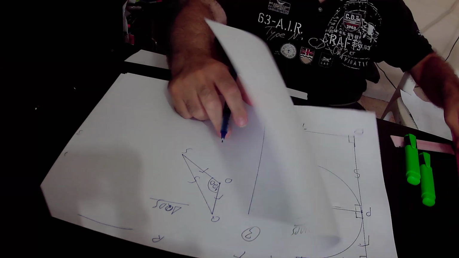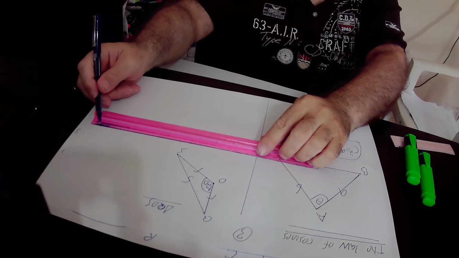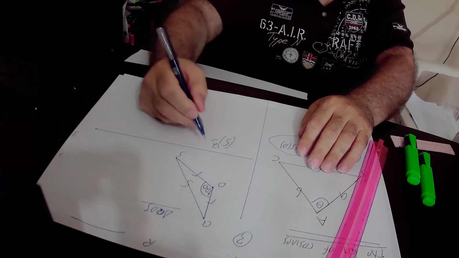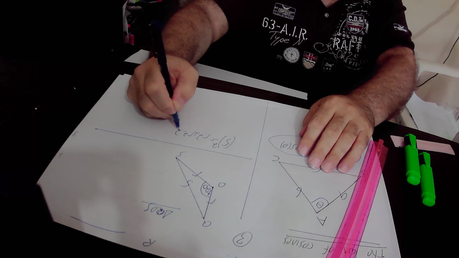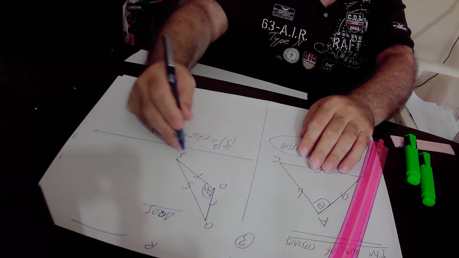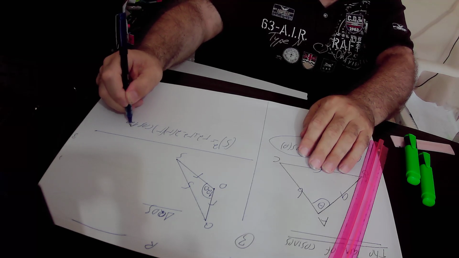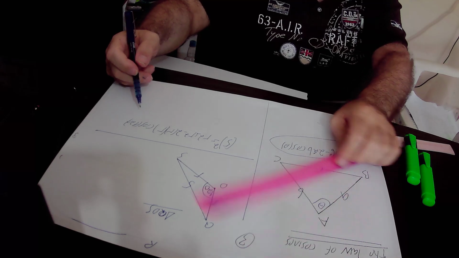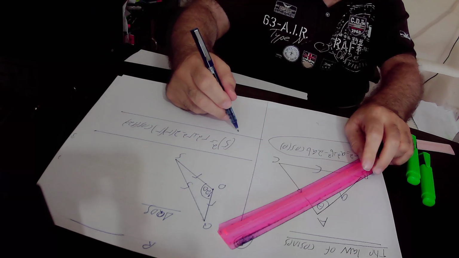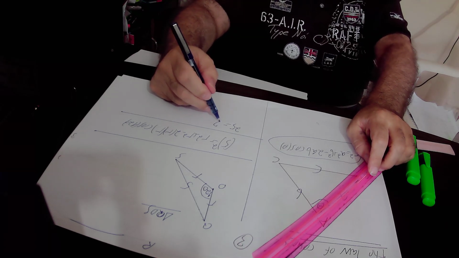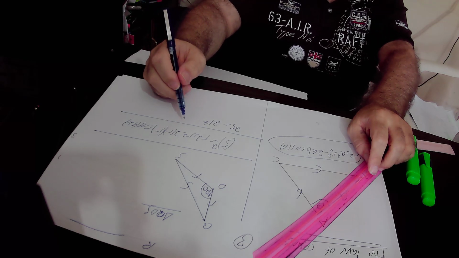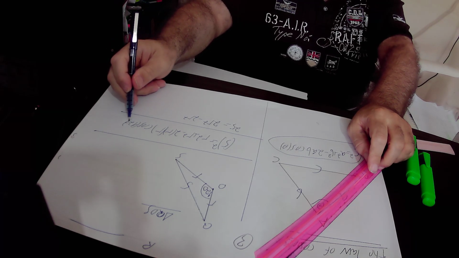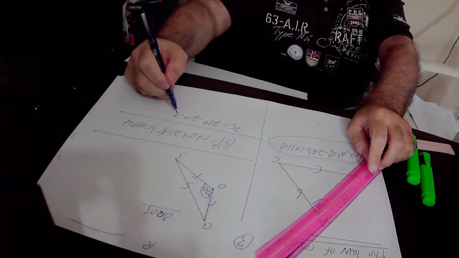So according to the law of cosines, we get that 5 squared equals R squared plus R squared minus 2 times R times R times cosine 120 degrees. 5 squared is 25, that is equal to R squared plus R squared is 2R squared, minus 2 times R squared, times cosine 120 degrees. Cosine 120 degrees is minus 1/2.